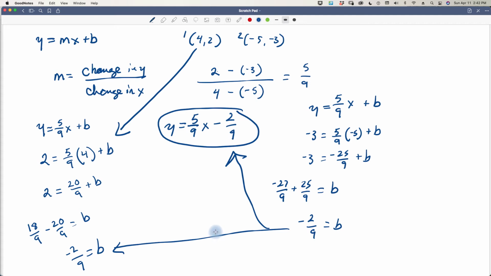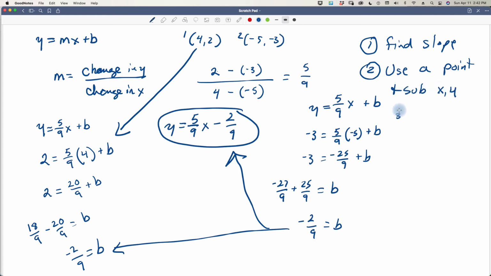So if you want to try it with both points just to check your math, that's a good idea. Go for it. But we can get back to this slope-intercept format with just having these 2 points. Step 1, find slope. Step 2, use a point and sub in x and y.